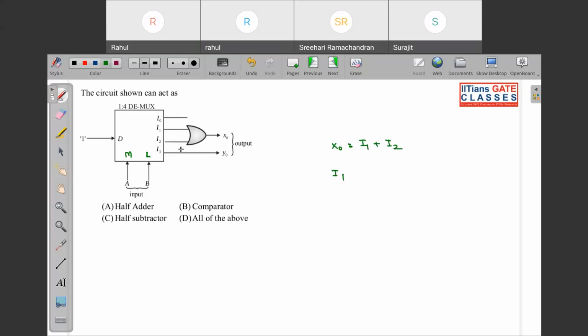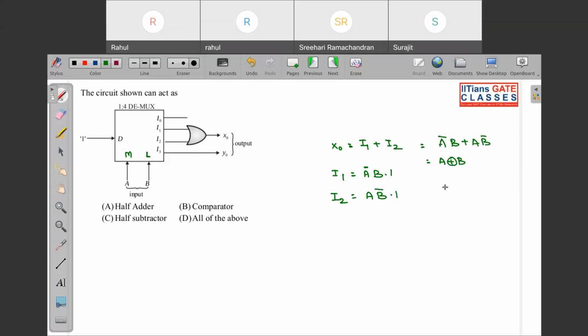They should have written the outputs as O0, O1, O2, O3, but it's okay. I1 will be A complement B into 1, and I2 will be A B complement into 1. So if I write this, it will be A complement B plus A B complement.